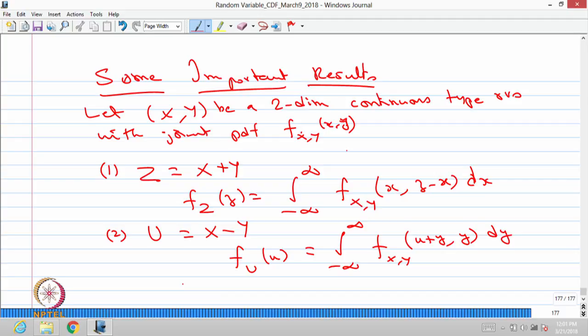This is for the difference of two random variables. By knowing the joint probability density function of X and Y, you can directly get the probability density function of U.